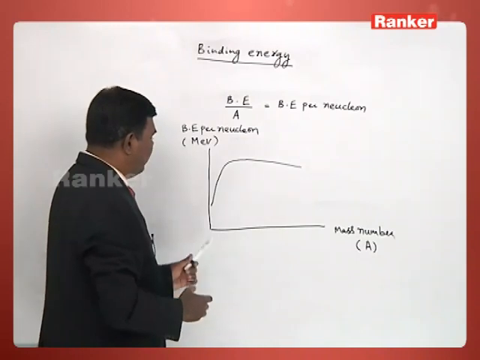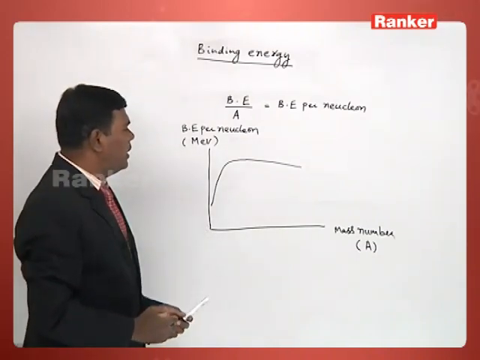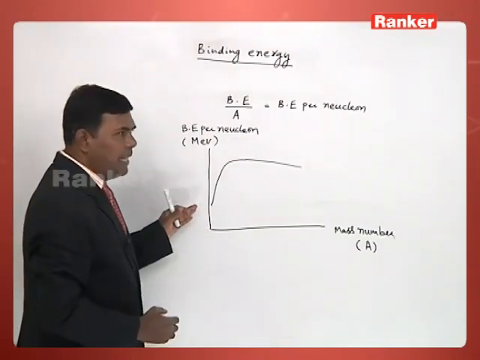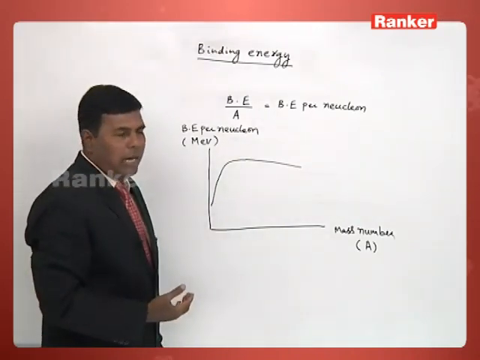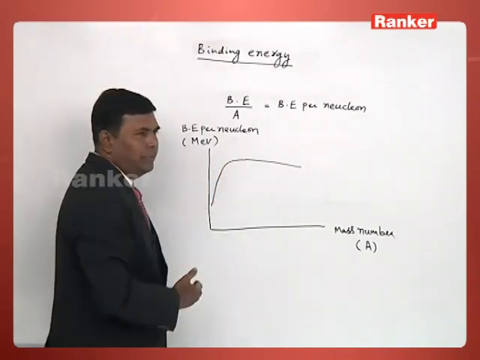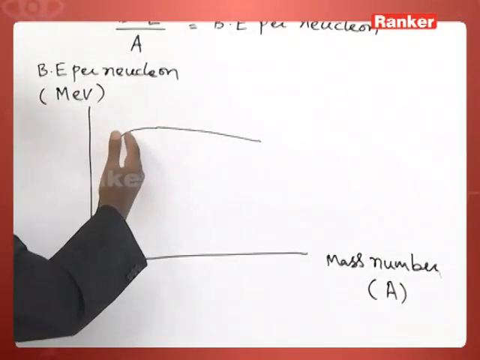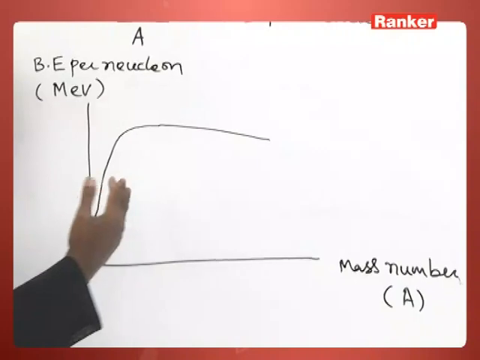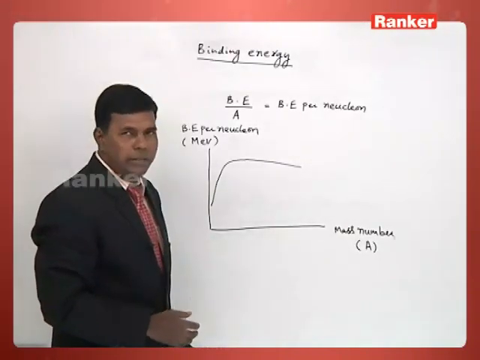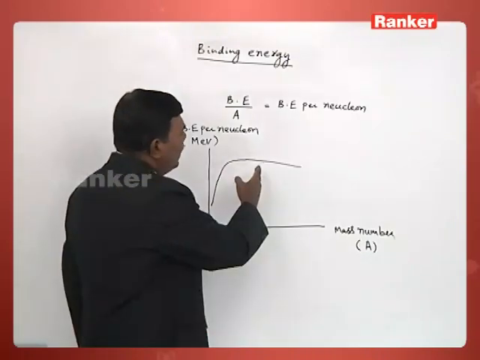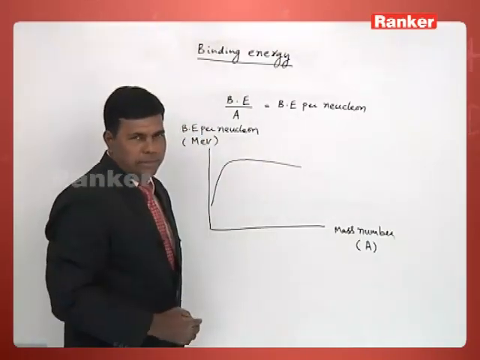As you can see, for very small mass number nuclei, its value is less, and then it increases very sharply and reaches a maximum value. Beyond that, it remains fairly constant for a limited range of nuclei, and beyond that it gradually decreases.